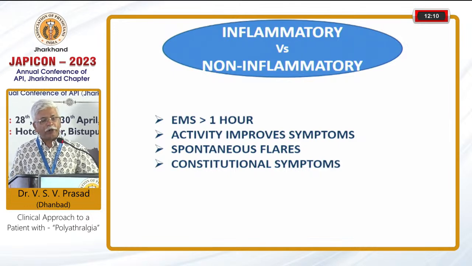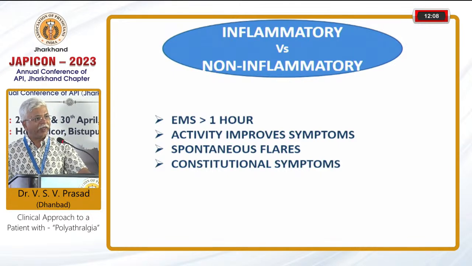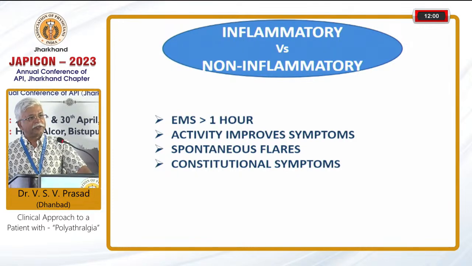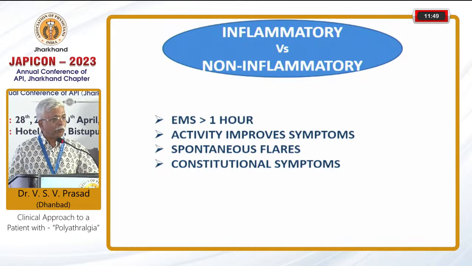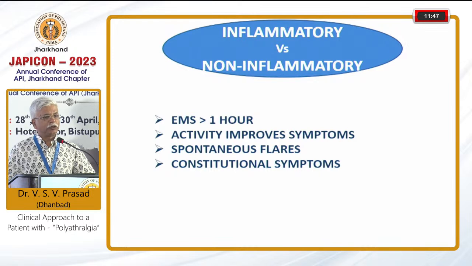The inflammatory joints will have spontaneous flares where the symptoms could just increase for a certain period of time and then settle down. And there will be constitutional symptoms associated with inflammatory polyarthritis like fever, loss of weight, fatigue, maybe weight changes. So we look for constitutional symptoms.